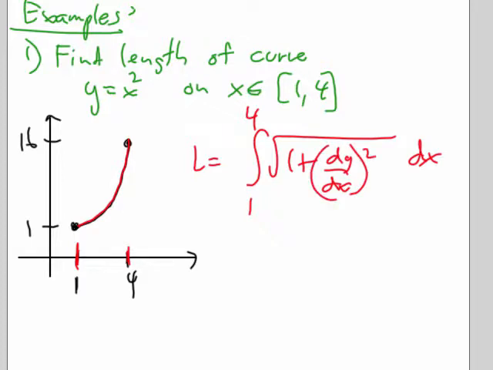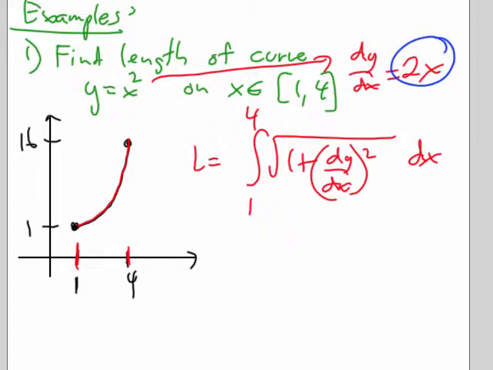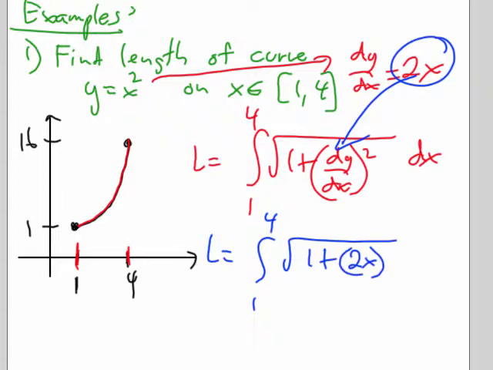Well, we know that dy/dx is 2x, so that's going to go in here. And so my length will be the definite integral from 1 to 4 of the root of 1 plus 2x squared dx.